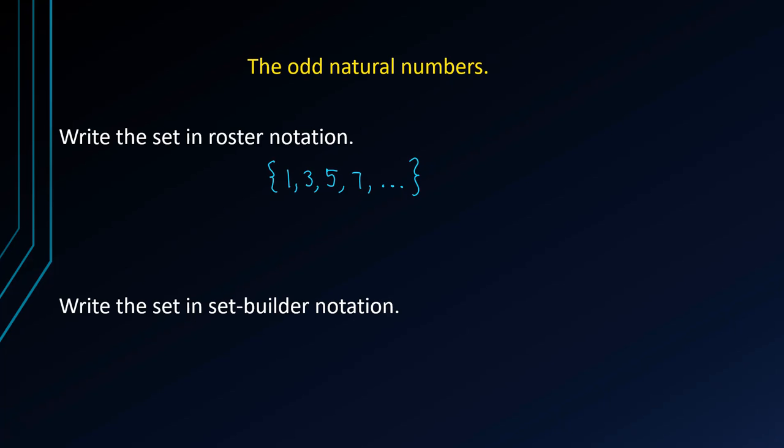Now, how would you write this one in set builder notation? Keeping in mind how we did it for the even numbers, how would we do this for the odd numbers to generate the same kind of list? Well, for the odd numbers, very similar, I'm going to use 2n minus 1, because if I start with the natural number 1, that's going to give me the 1.